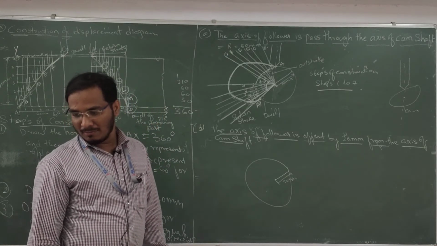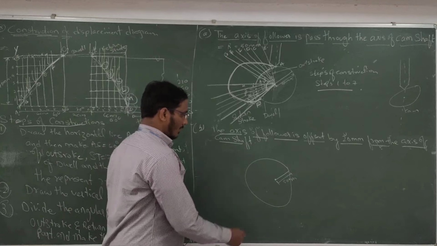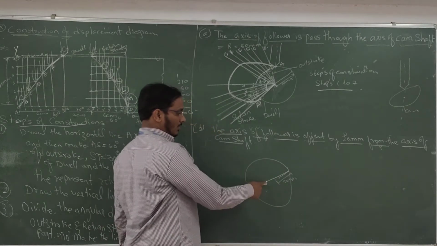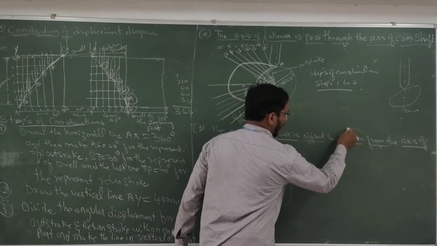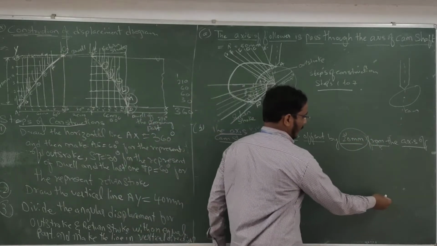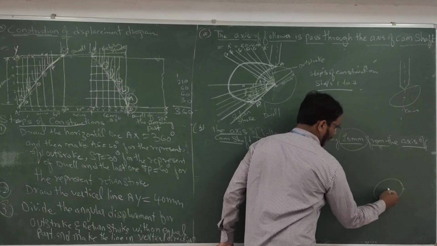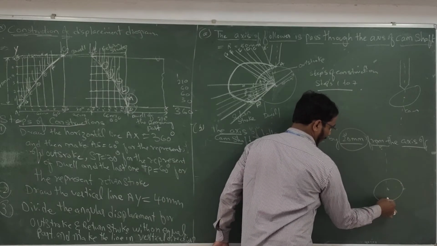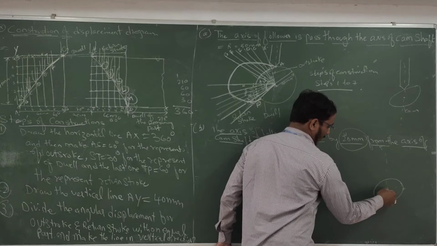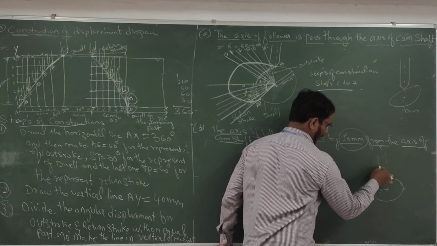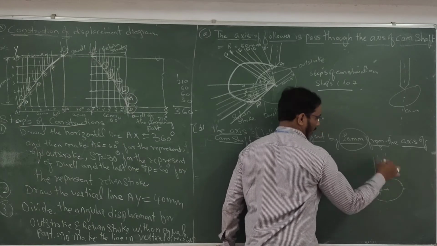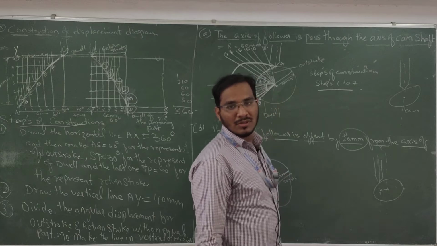Then next, take the measurement on the center. Because it says offset, it means the axis of the cam is this, and 20 mm away is the axis of the follower.